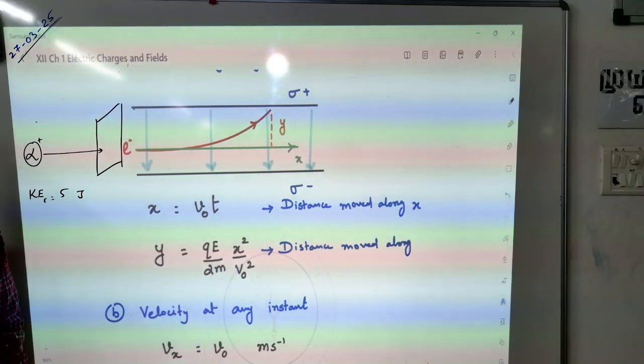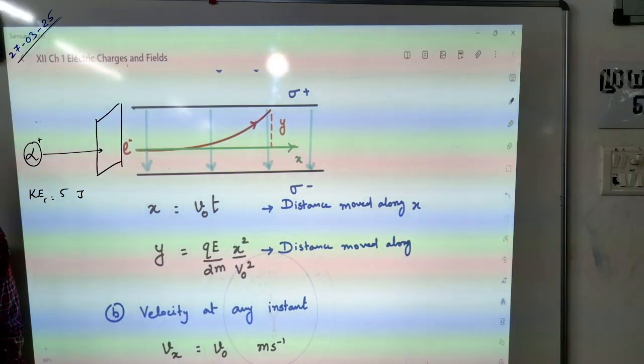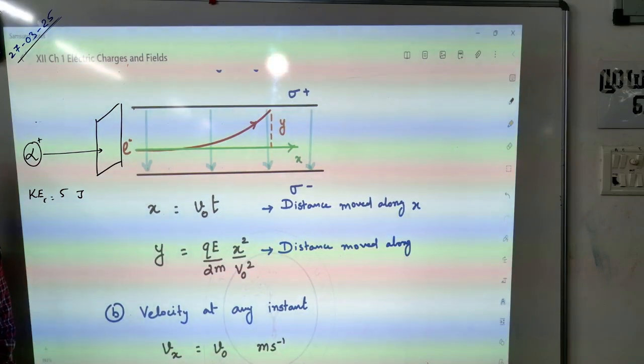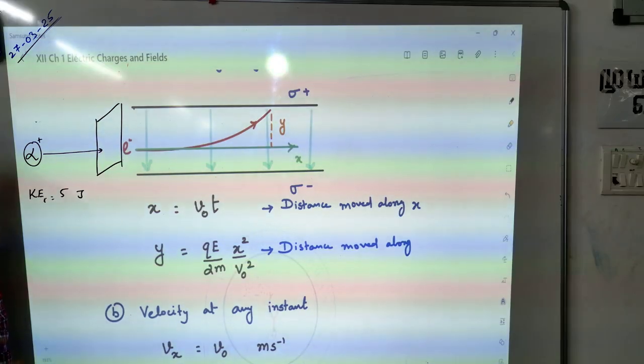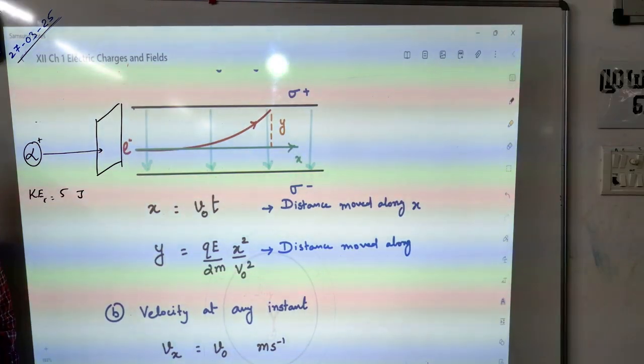Actually it was 5.5 mega electron volt. Let's take it as 5 joule.